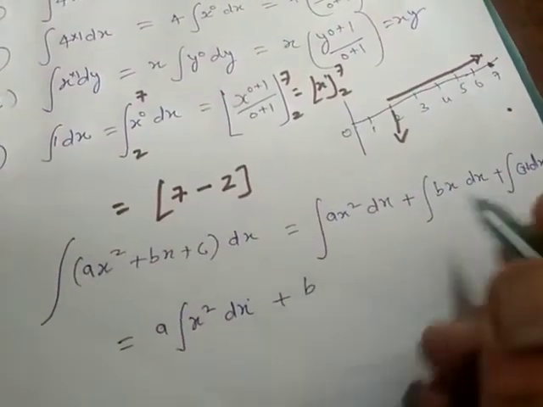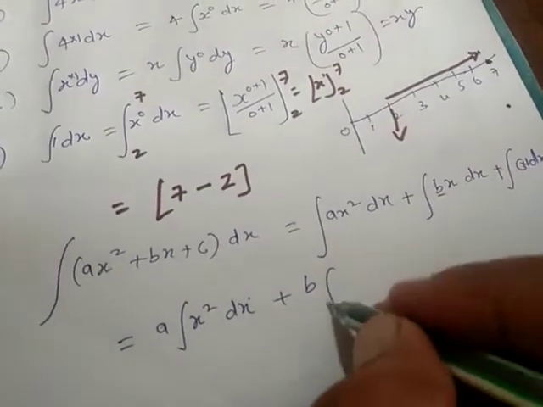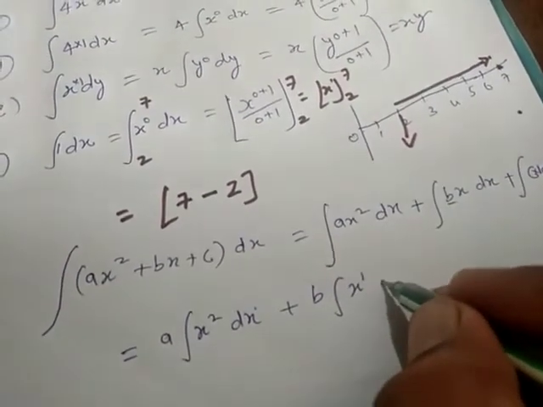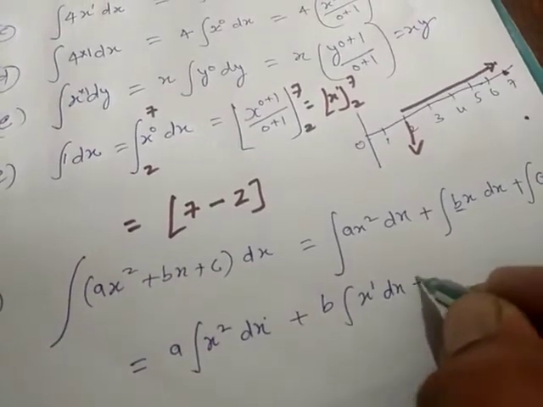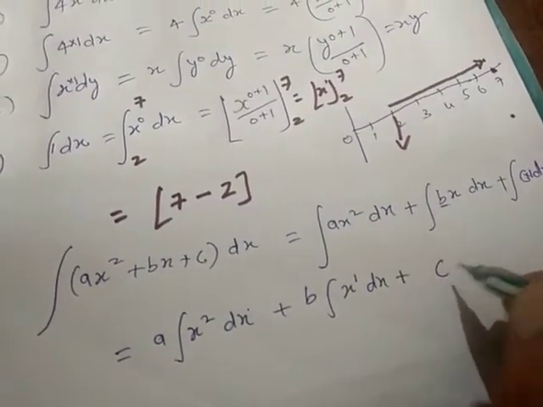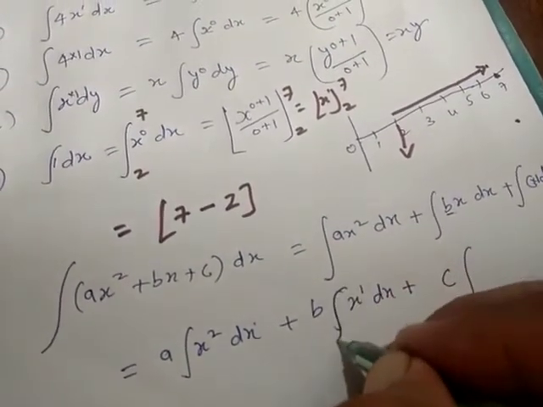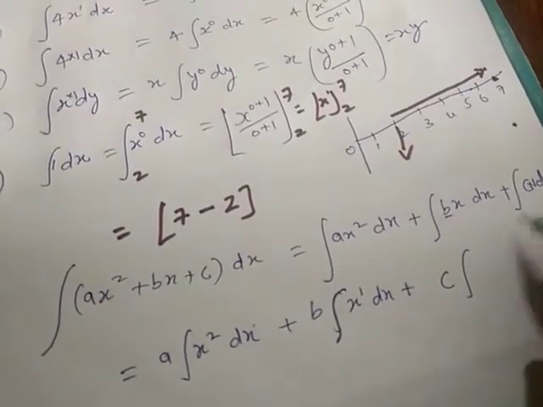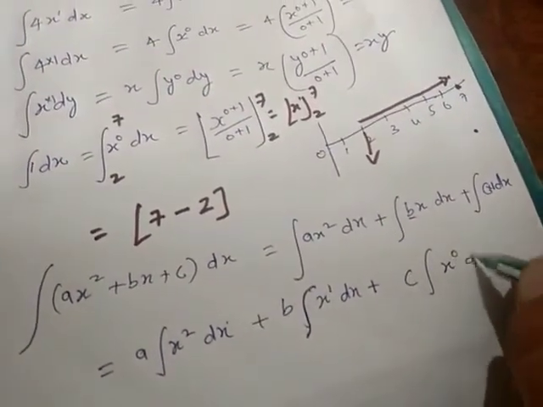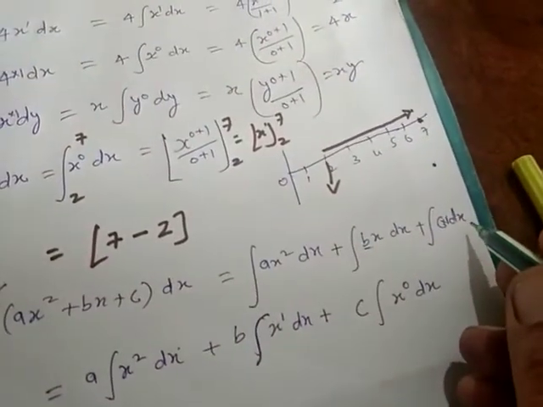Plus b is constant in this term, so this is x to power 1 into dx, plus c is constant, c is out of the integral, and 1 can be written as x to power 0 because we are integrating with respect to dx.